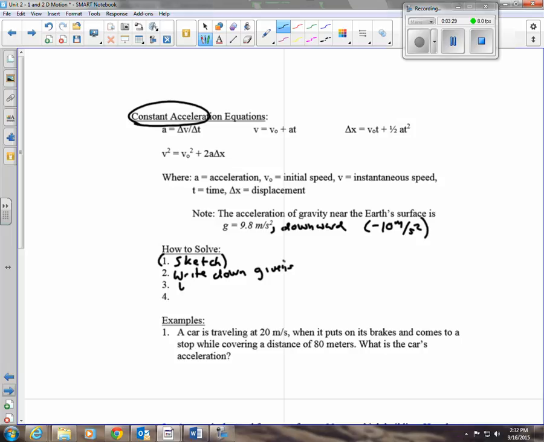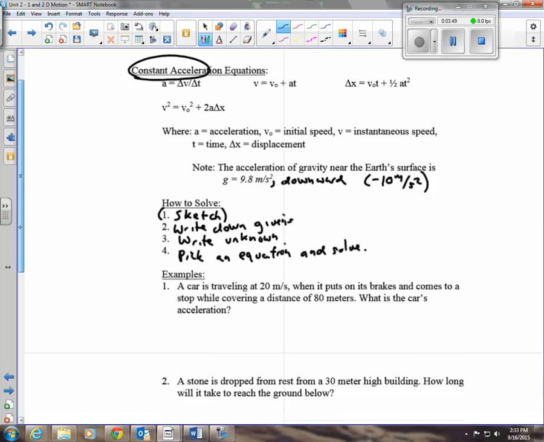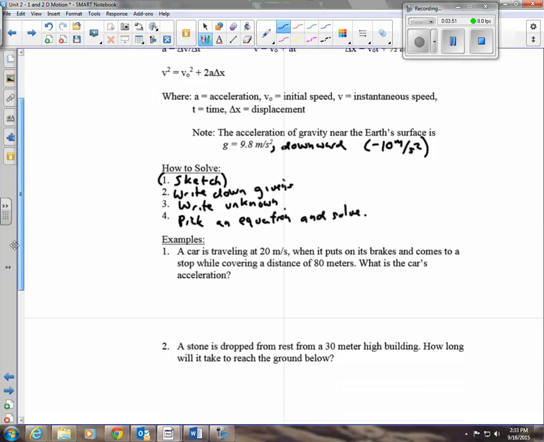Part 3, you're going to write your unknowns, what you're looking for. And then you're going to pick an equation and solve. Where people get in trouble with these is they pick the equation first, and then they try to stuff what's given in the problem into the equation, and they make a mistake.